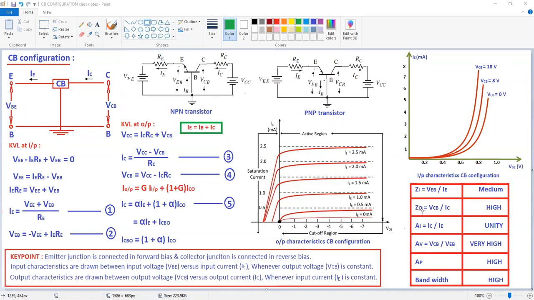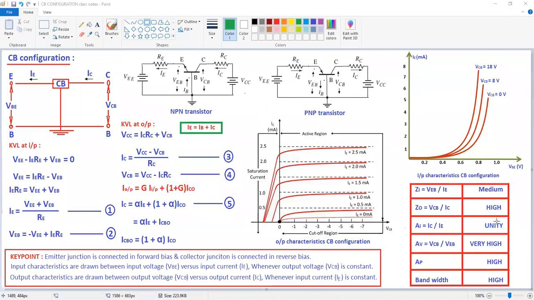Whereas output impedance is defined as output voltage to output current. Here, the output voltage is VCB and the output current is IC. So it is VCB by IC. Here, VCB is very high voltage, so the output impedance is high.